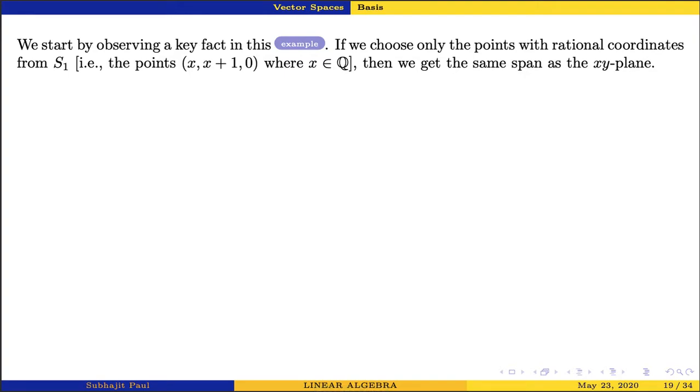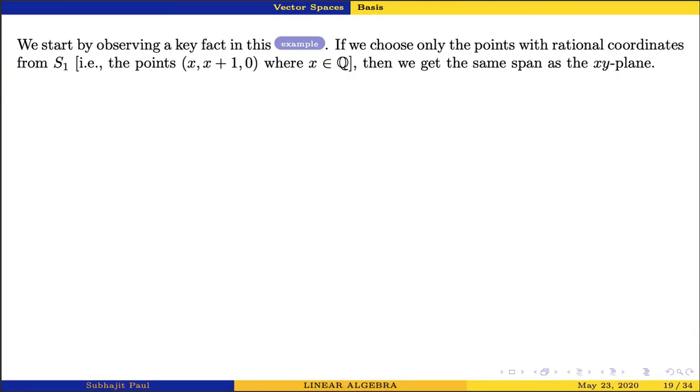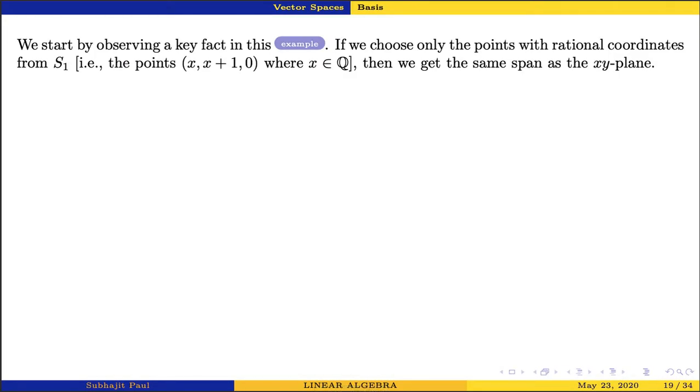We start by observing a key fact in that last example over here. So if we choose only the points with rational coordinates from S1, remember S1 was this line y equal to x plus 1 on the xy plane, then by the same procedure done over here, we'll be able to show that the linear span of S1 dash, let's say, will still be the xy plane.